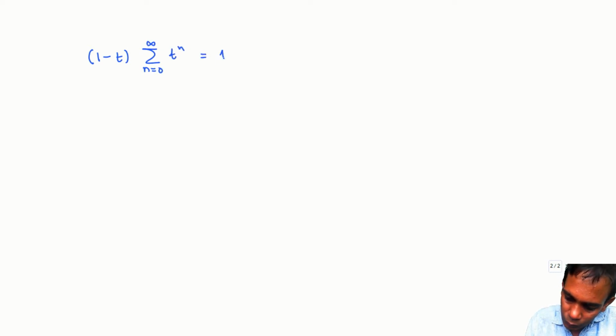So what we have written down is that 1 minus t multiplied by summation n equals 0 to infinity t^n is equal to 1. This power series is just the unit of F[[t]].